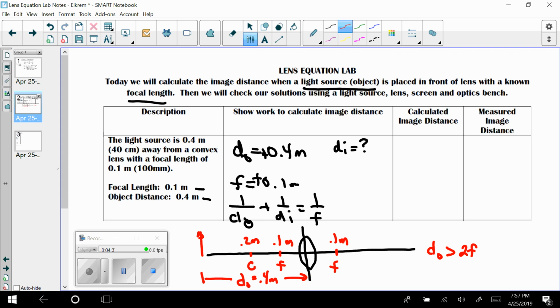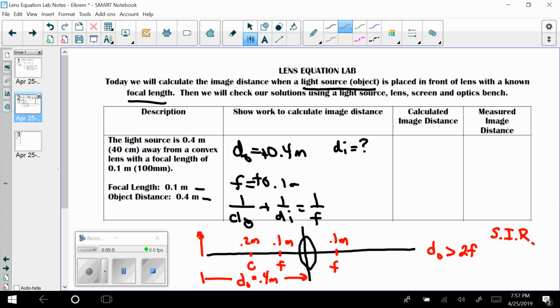So the case we're looking at here, if you look at the table that we have, would be what we would call a SIR case. The image should be smaller, inverted, and real. Well, let's see if that's true.